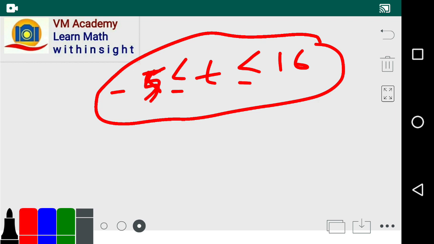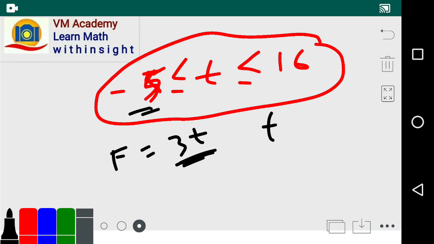But if we substitute f equal to 3t, friends, f cannot be negative. So if we take minus 5 to minus 1, then this becomes negative.